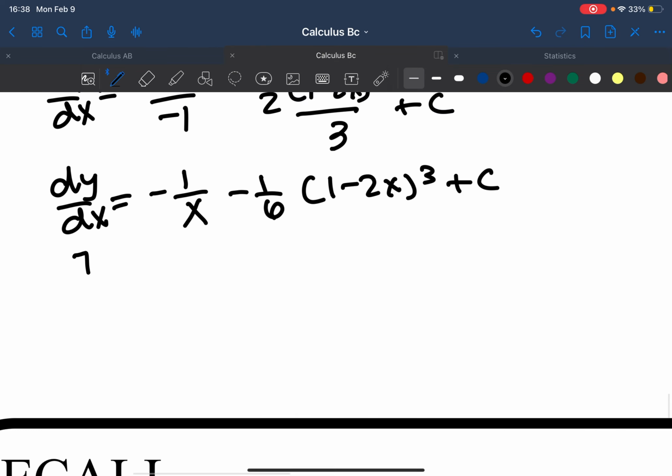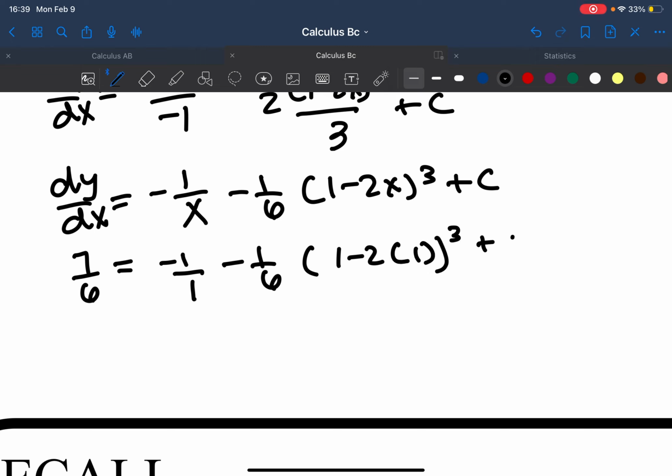So I have 7/6 equal to negative 1 over 1 minus 1/6 times (1 minus 2 times 1) cubed plus c. Do algebra, and we get that c is equal to 2.